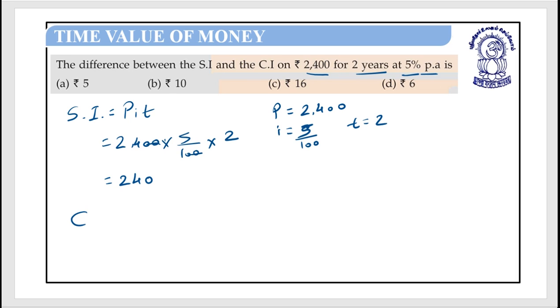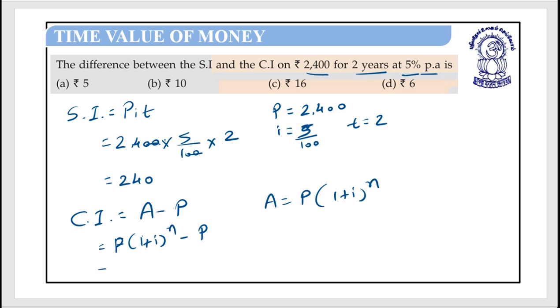Now compound interest is equal to A minus P. A is equal to P into 1 plus R raised to N. So put the value: P into 1 plus R raised to N minus P. P common, so it is 1 plus 5 by 100 is 0.05, 1 plus 0.05 raised to N for 2 years, 2, minus 1.